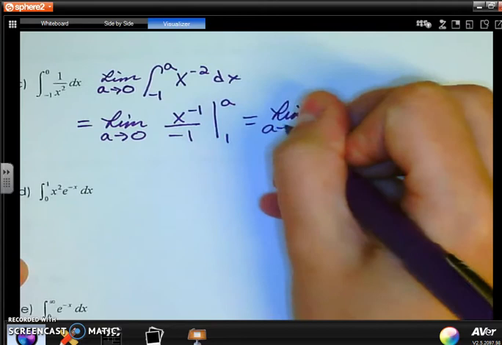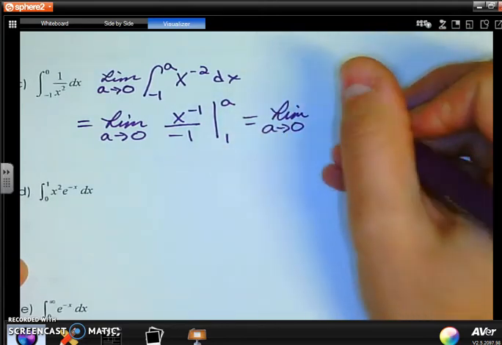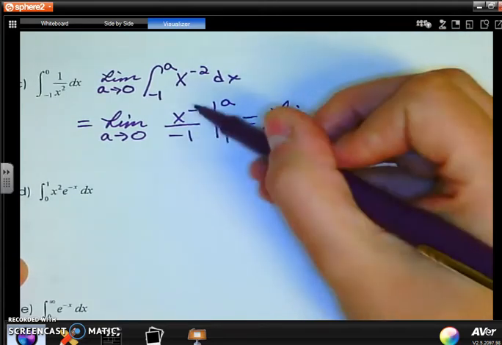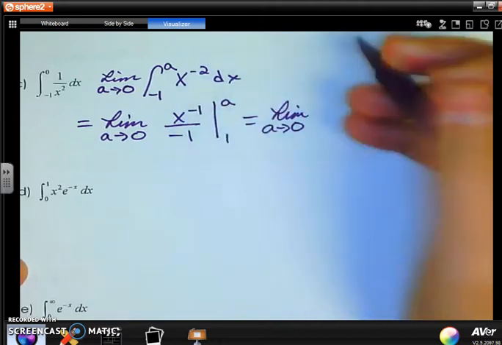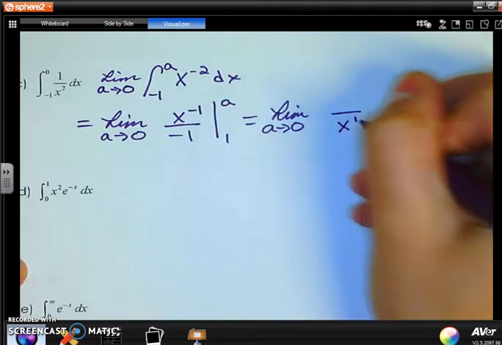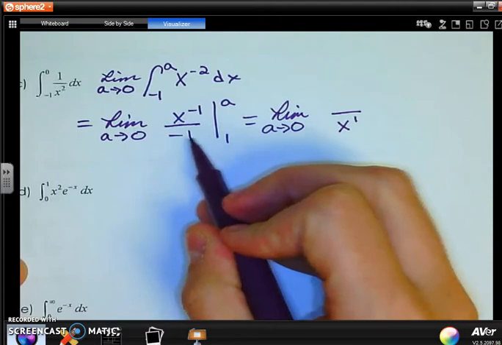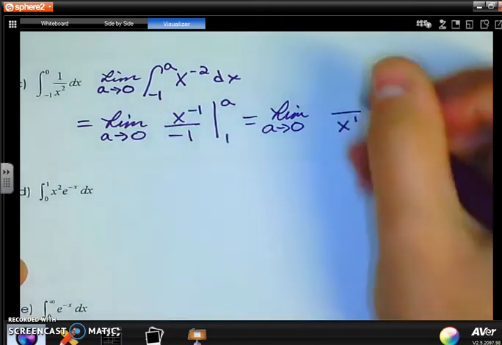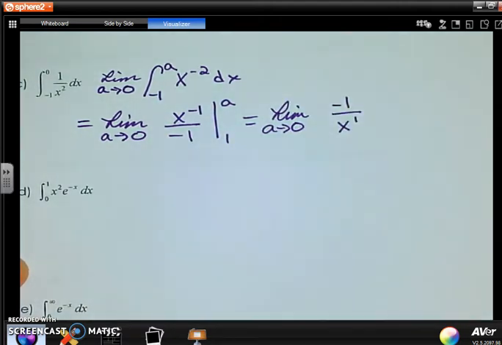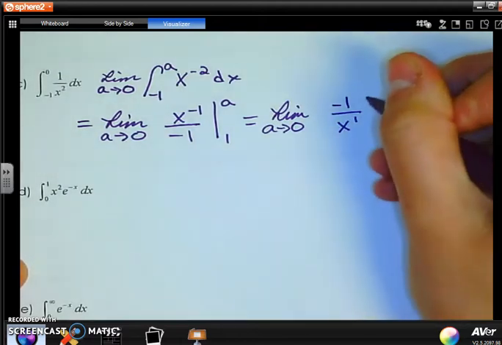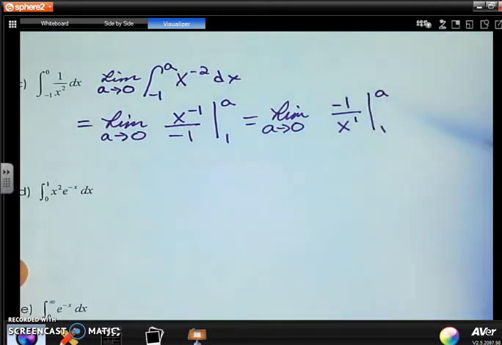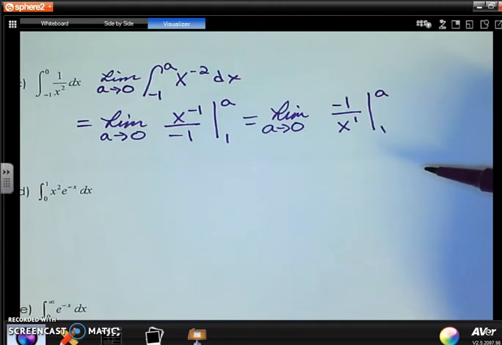Again, I didn't take the limit, so you just bring that limit guy down. And I'm going to rewrite this, so this goes into the denominator, right? So that's going to be x to the first, or just x. And then it's a 1 is still there. I'm going to pop that negative up top, so it ends up like this. And I still didn't evaluate it, so that's still going from 1 to a there.